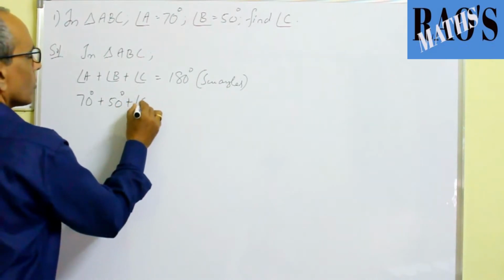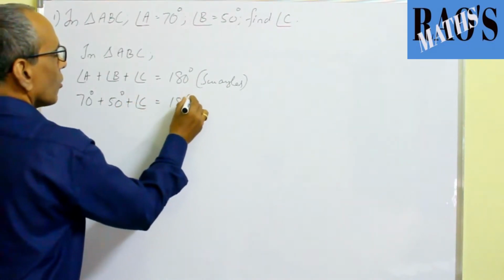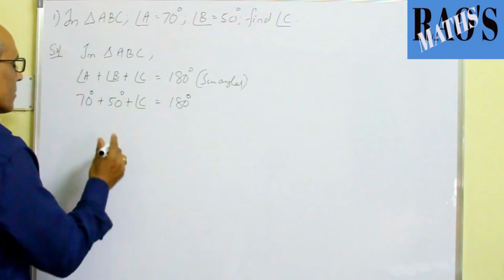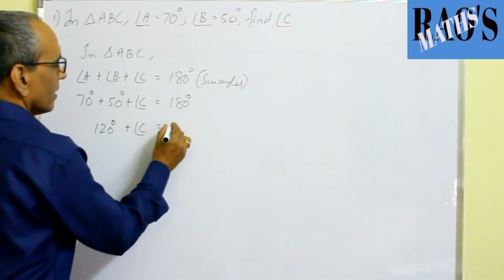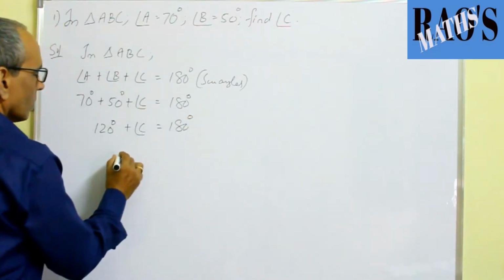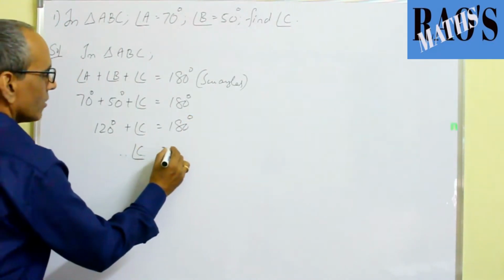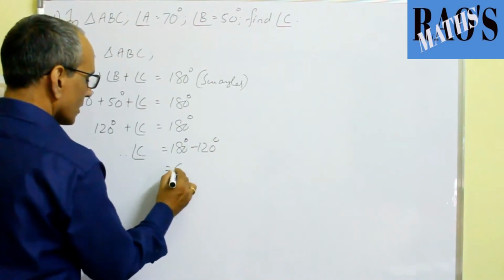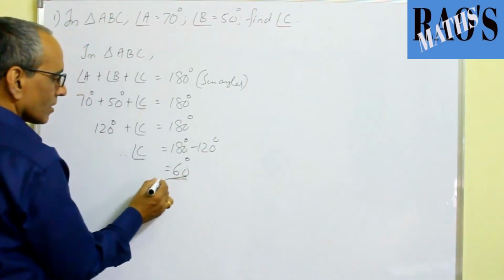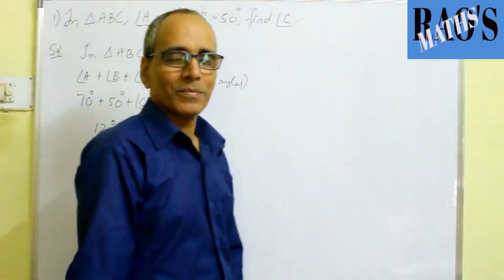C is unknown to be solved, but the total we know by property is 180 degrees. So 120 degrees plus angle C is equal to 180 degrees. Finally, we reach angle C is equal to 180 minus 120. This is 60 degrees.